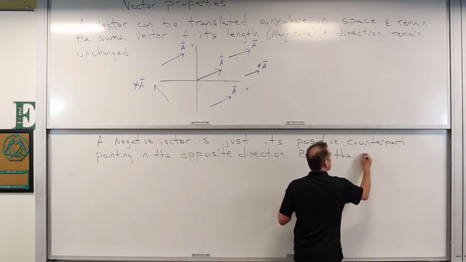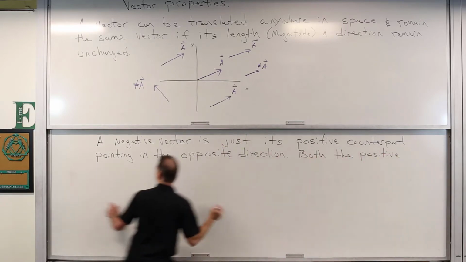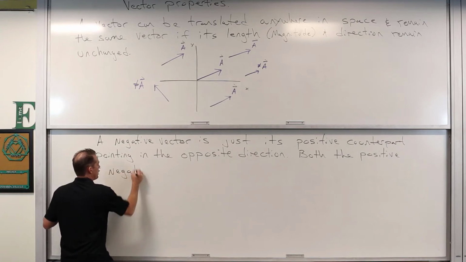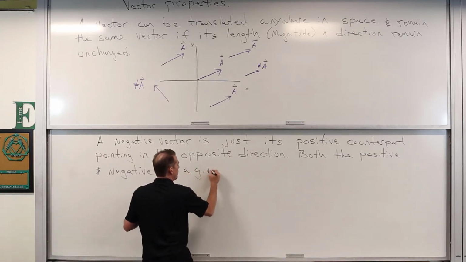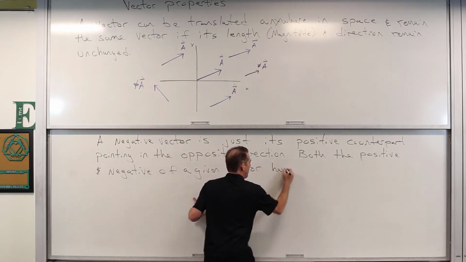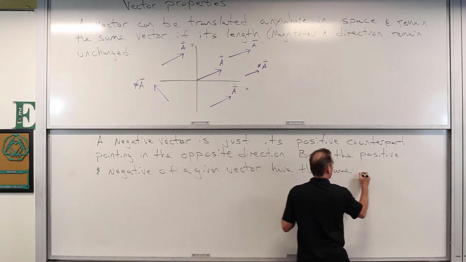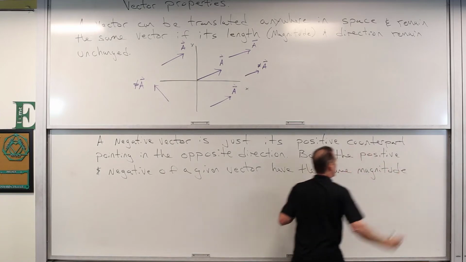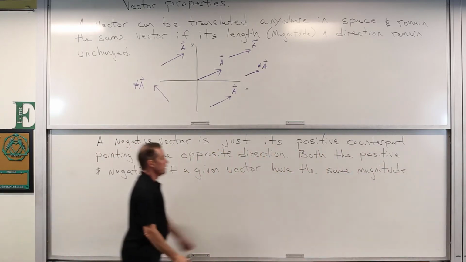Both positive and negative of a given vector have the same magnitude. Just opposite directions. That's it.